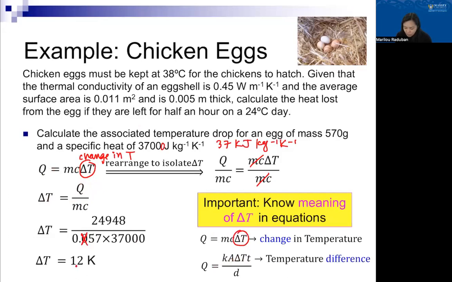And in the second equation, delta T means temperature difference, and it's the temperature difference that allows heat to be transferred via conduction. So it's really important to distinguish between these two delta T's in order to know which equation to use in solving the problem.